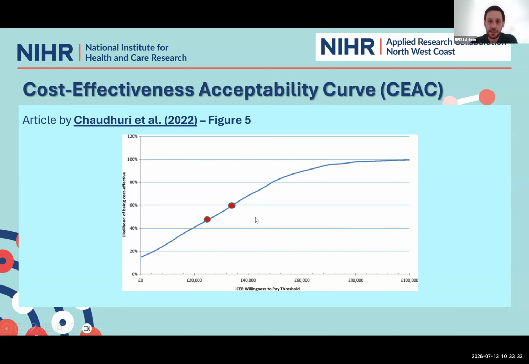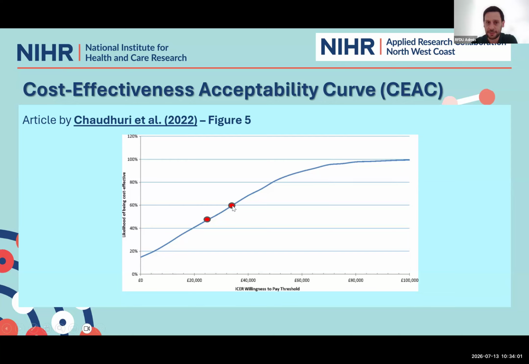In this particular example, if we put a couple of dots on the curve to reflect the cost effectiveness threshold in England, you've got the first red dot, which is where the £25,000 mark is. For that dot, we have a 45% probability of the intervention being cost effective.